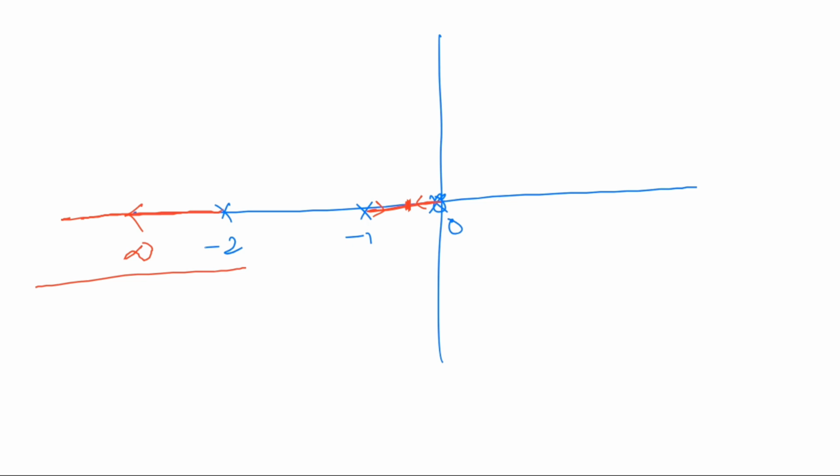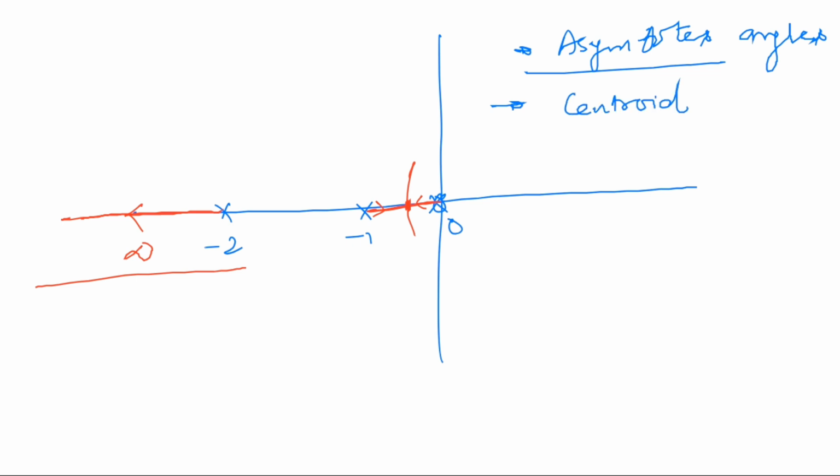They will break away from here and go towards infinity. Whenever loci originating from poles go towards infinity, they go at some angles known as asymptotes or asymptotic angles, and all these angles start from some point on the real axis, which is known as the centroid.